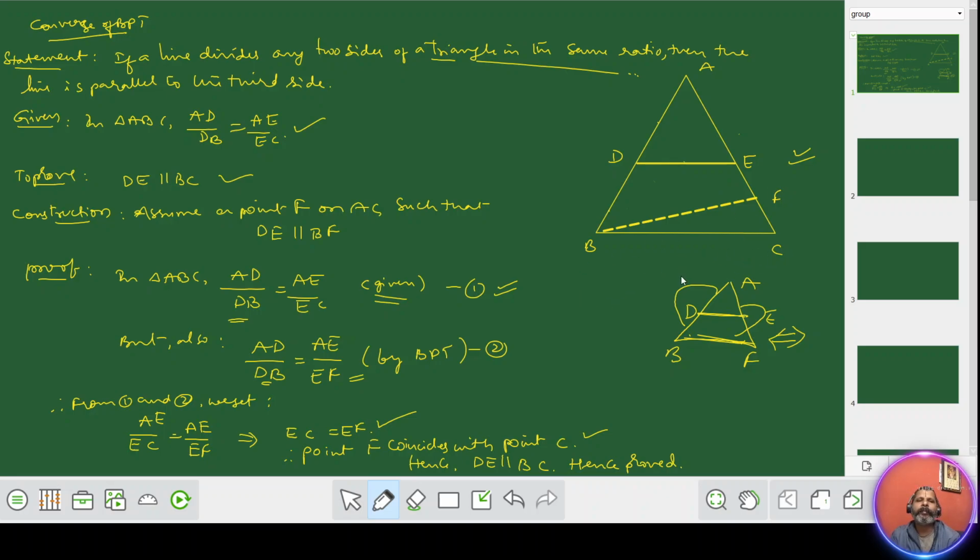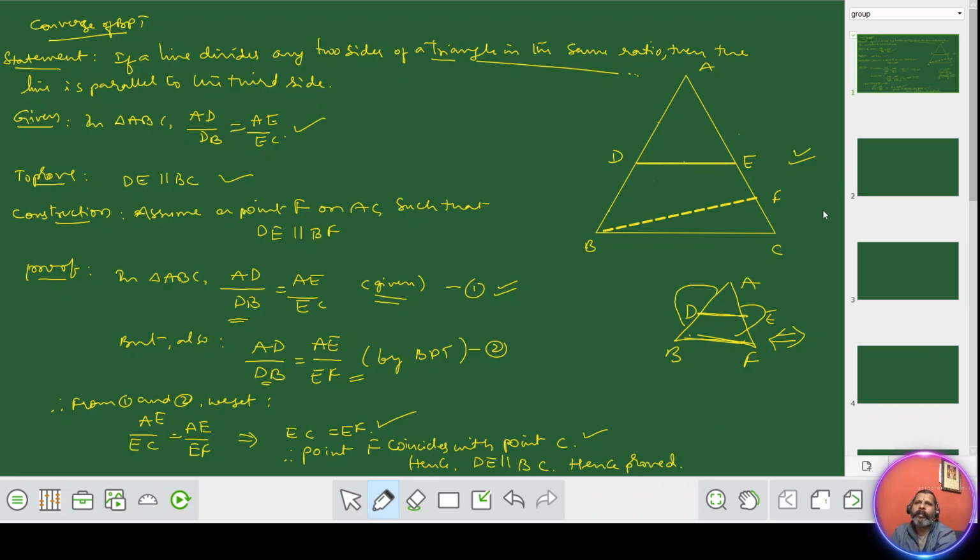That's what we need here. These last two points are very important. The length of EC is equal to the length of EF; this happens only when F coincides with C. In the construction we assumed DE parallel to BF. Now F coincides with C means DE parallel to BC, we get it. That's what we wanted to prove. Okay, this is the converse.